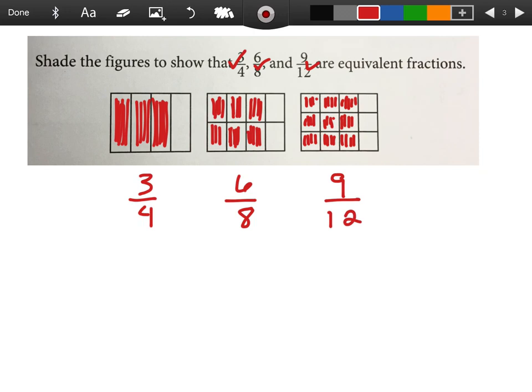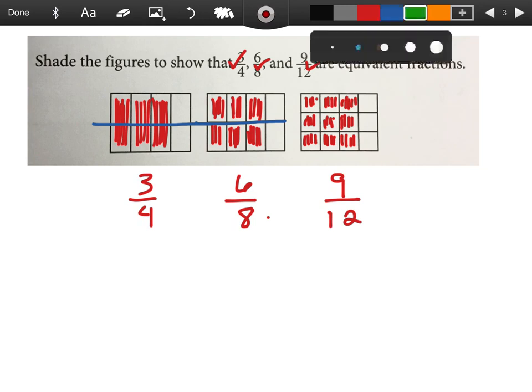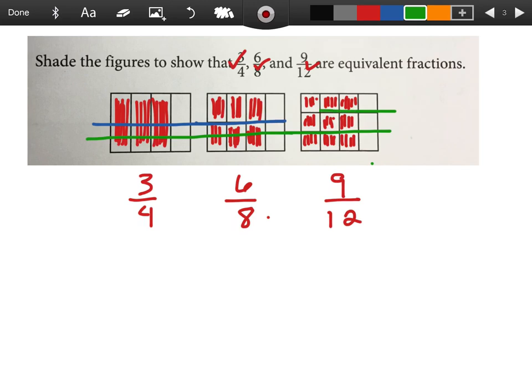Well, what do you notice when you look at these? Well, first thing I notice is the 6 out of 8, all they did was take and draw a line in the middle of the 3/4. That's the same thing. Well, and then the 9/12, what they did here is they took the 3/4 and they just divided it into thirds instead of in half.